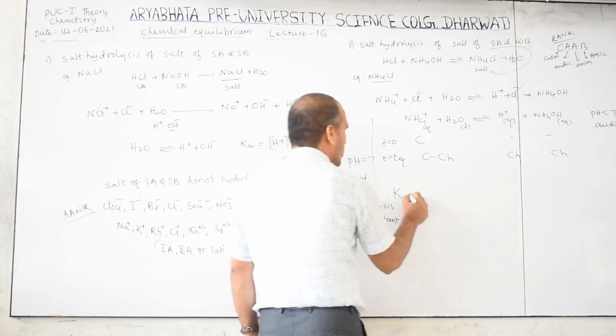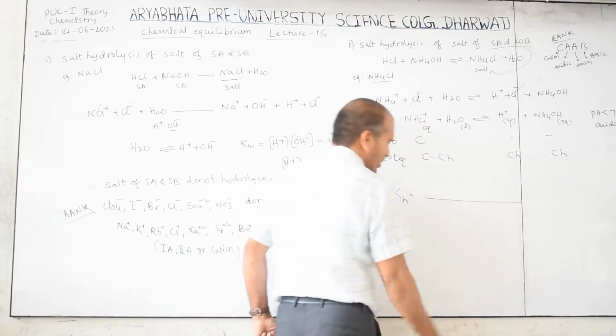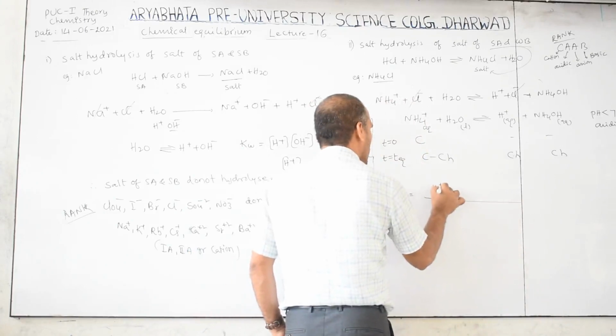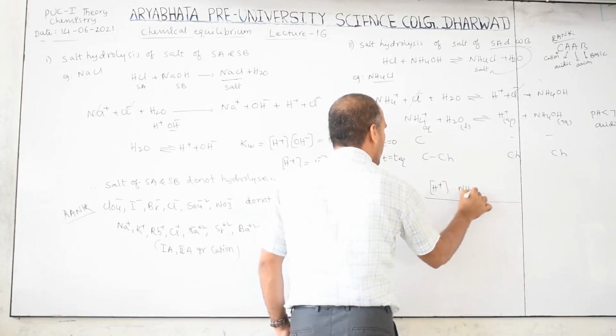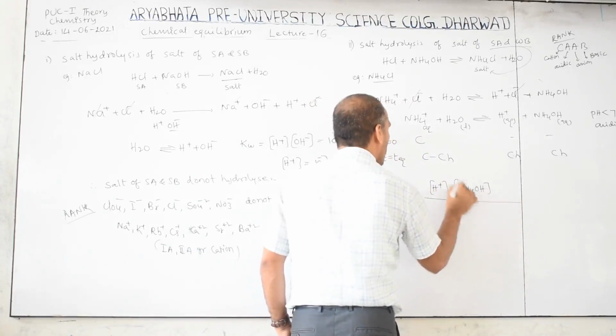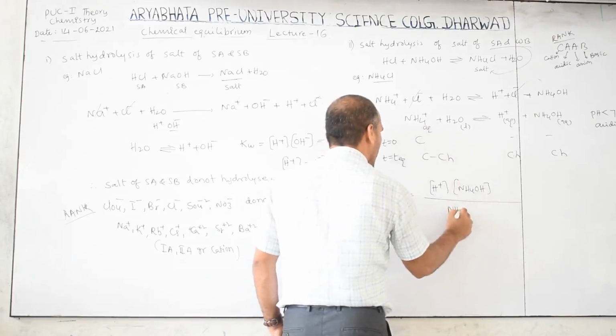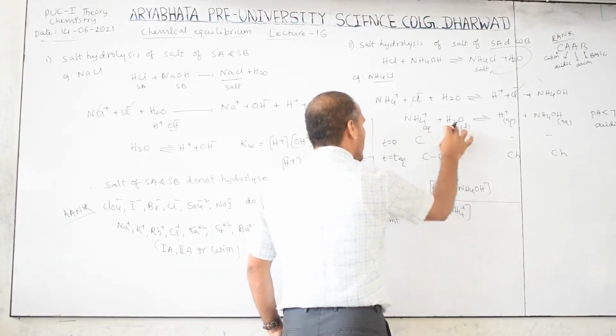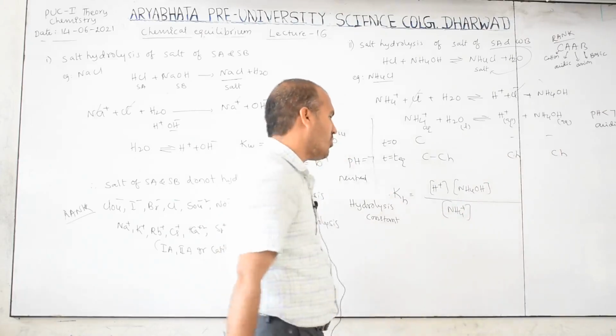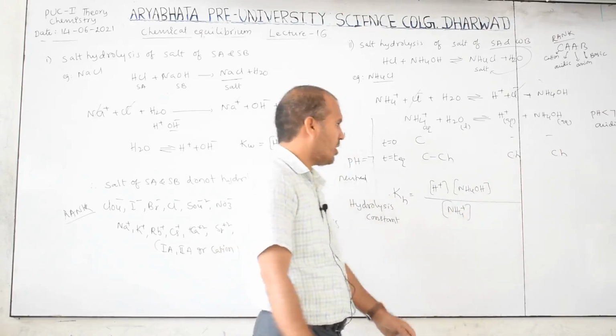This hydrolysis constant can be represented like this: H+ ion concentration times NH4OH concentration, the denominator is NH4+ concentration. This is a pure liquid, generally we do not write it in this expression. Okay.